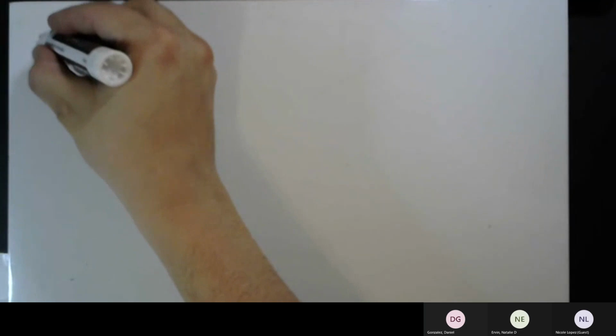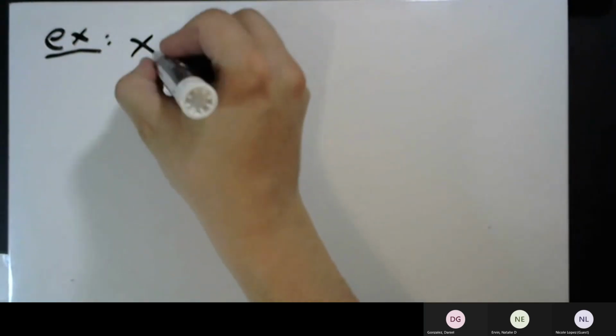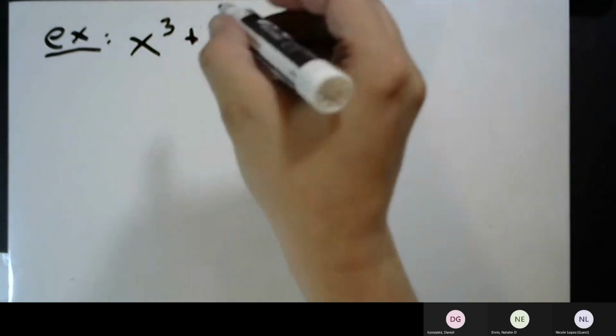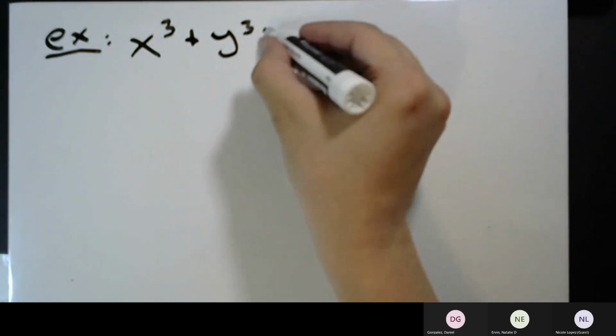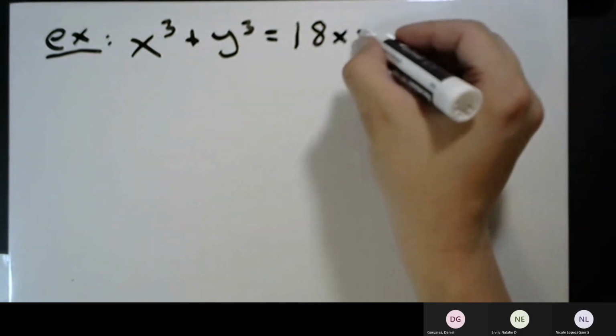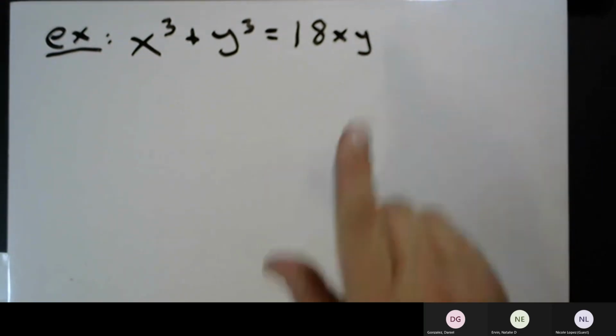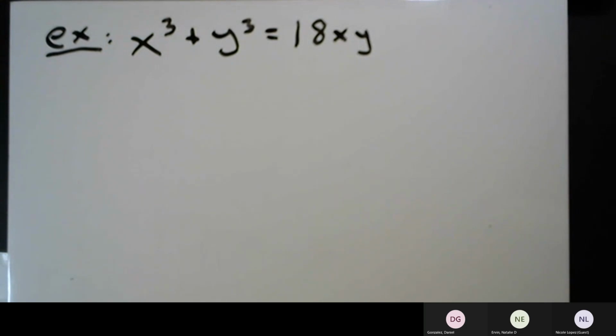So let's say we have something like this. So what you're looking at is the set of all points x, y, where this holds true, where if you cube x, you cube y, you'll get 18 times x times y. And we're going to try to find dy/dx.